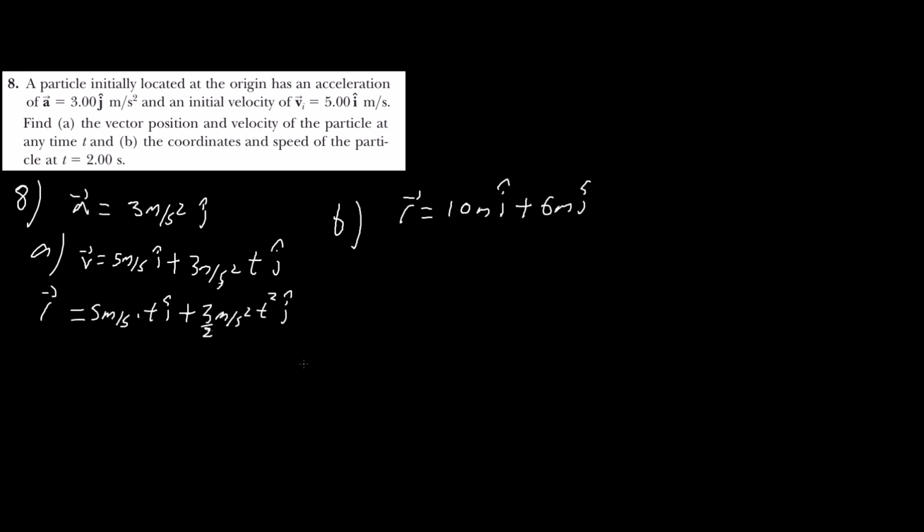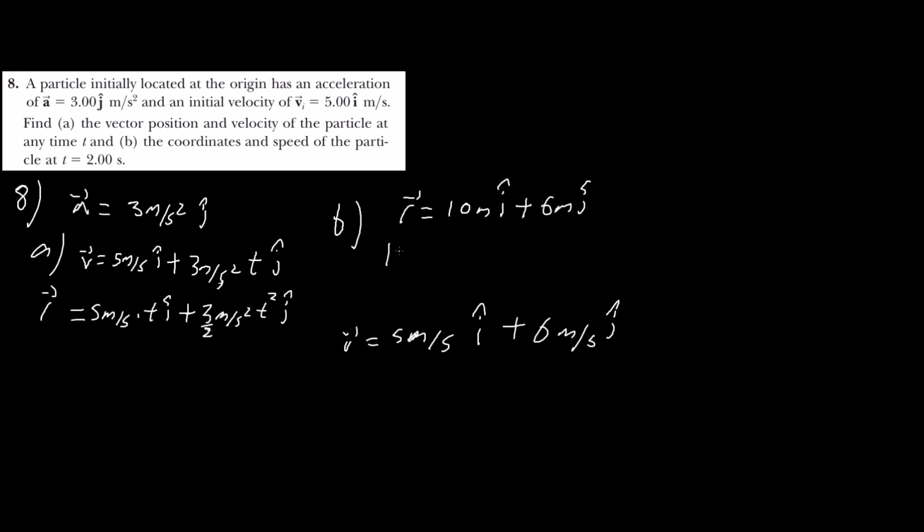Now let's find the speed. The velocity vector first is going to be 5 meters per second in the I-hat direction plus 6 meters per second in the j-hat direction. So that's just the velocity.